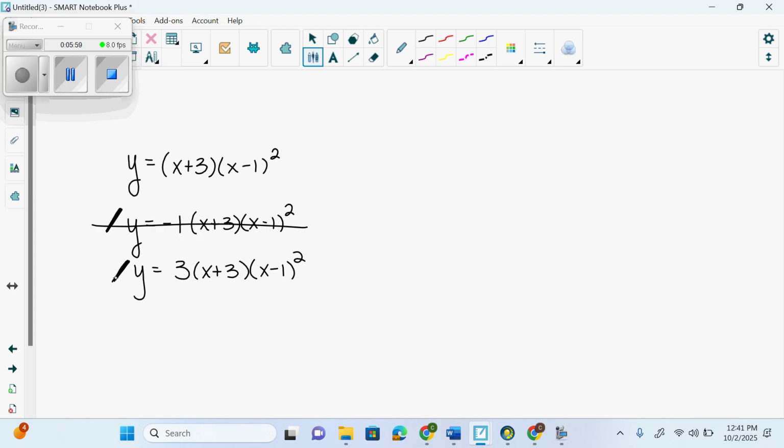Okay, everyone paying attention? Did the x-intercepts change? What about the rest of the graph? It got taller, right? It's a vertical stretch by a factor of 3. What's the only thing it doesn't affect? Your x-intercepts, because y equals 0. 0 times 3, nothing changes. Yeah? Okay, we agree with that.